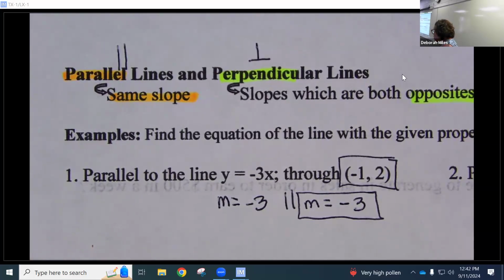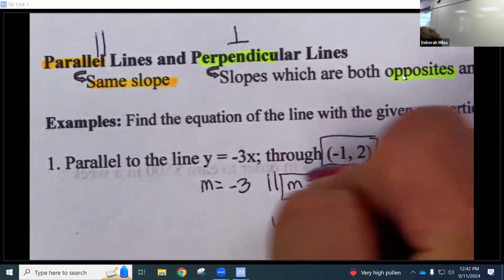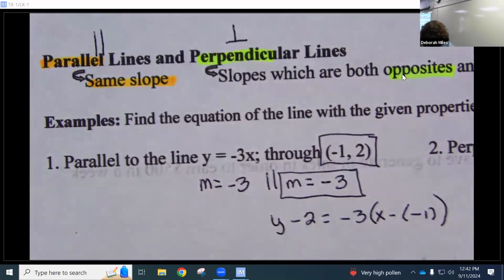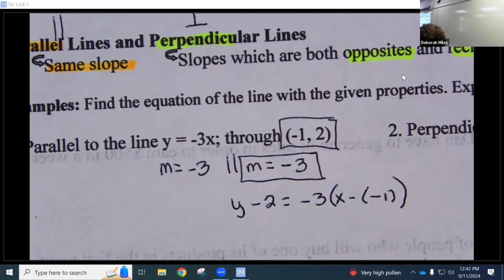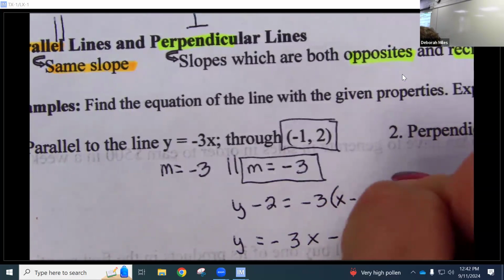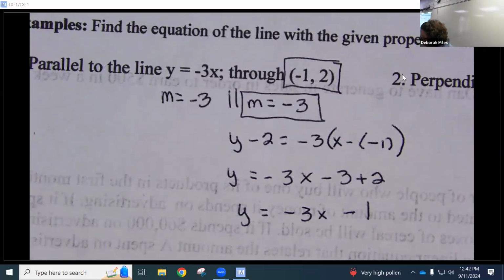I'm just saying, if you don't already have some other way of finding the equation of the line, if you give me a point and a slope, I'm going to use point slope form. Fast. Y equals -3x minus 1. All right.